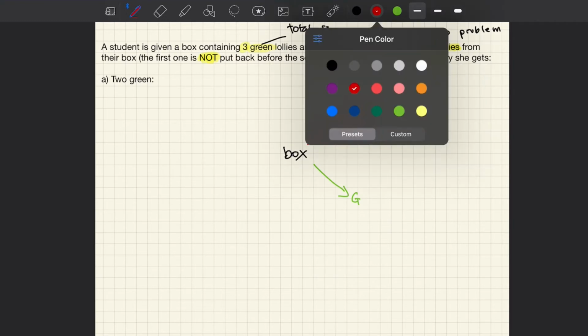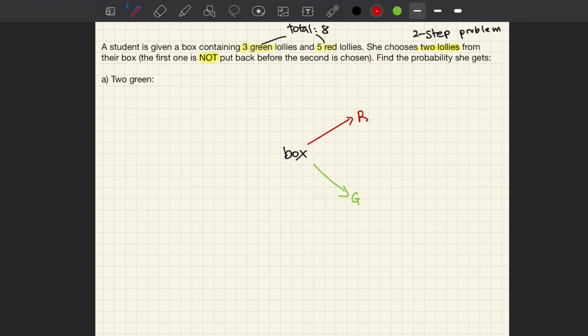Now, let's say we got a red. Then we have another 2 possibilities for our second one. So this is step 1, step 2. We have another possibility, and that is we either get a red, so we take a red out and then we take a second red out, or we take a red out and then we take a green out.